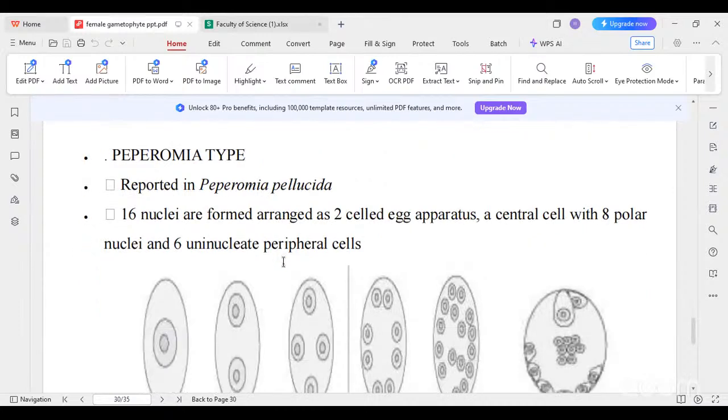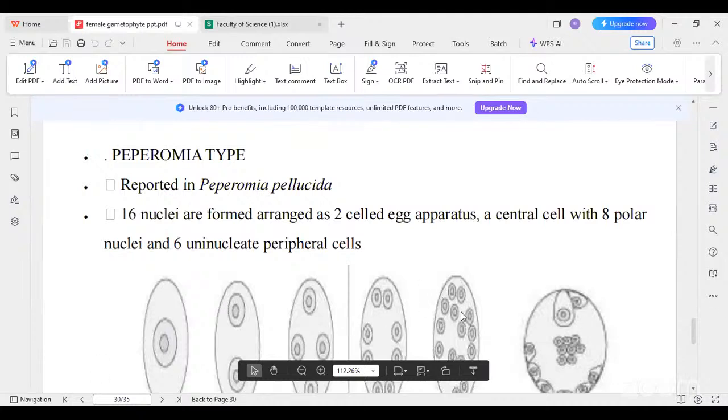Here 16 nuclei are formed, arranged in a two-celled egg apparatus. After division they form 16-nucleated peripheral cells.